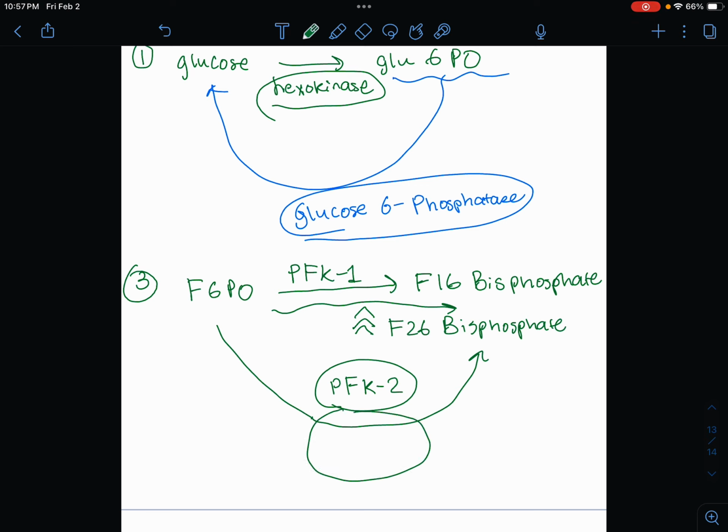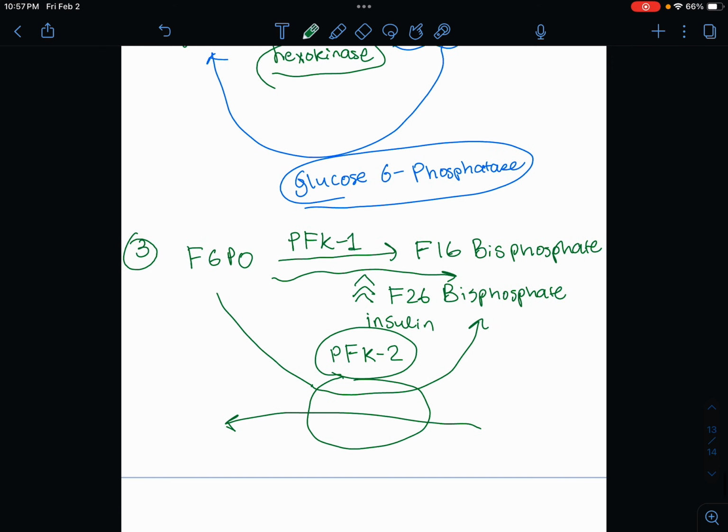This is going to happen in the presence of insulin. However, we could also have a reverse reaction here, a regulating mechanism, using the phosphorylated enzyme. So this is going to have phosphorylation. When the enzyme is phosphorylated, it will be the active fructose 2,6-bisphosphatase 2.